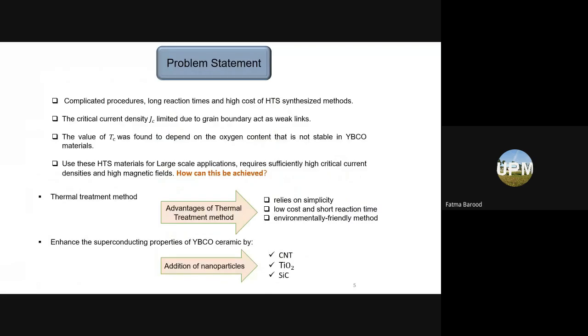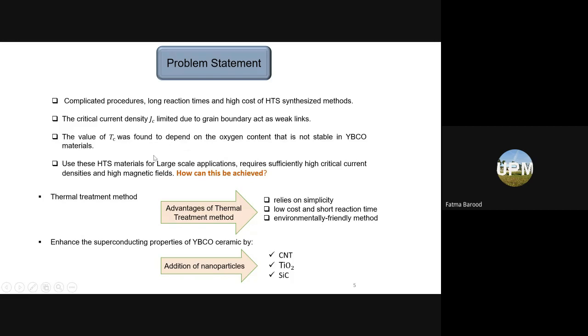For the problem statement, the first problem is the complicated procedure, long reaction time, and high cost of high temperature superconductor synthesis methods. The second problem is related to the critical current density that makes superconductors attractive for power application, which is the ability to carry current without losses.